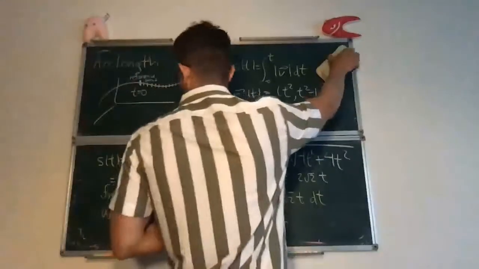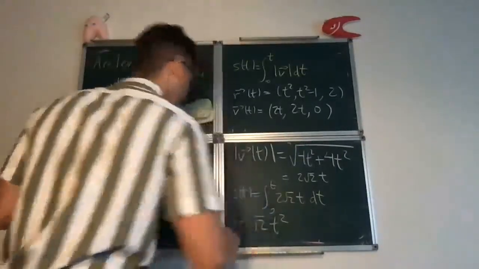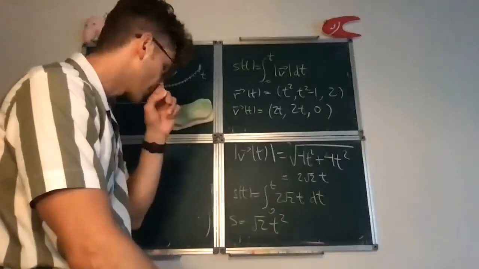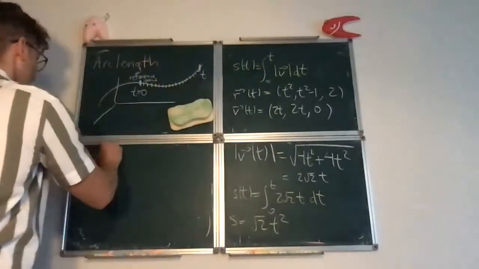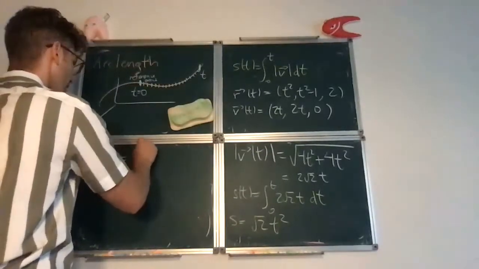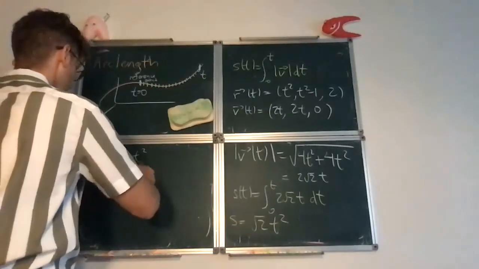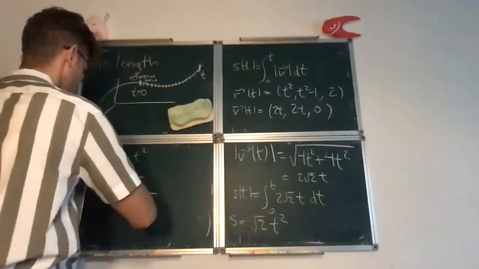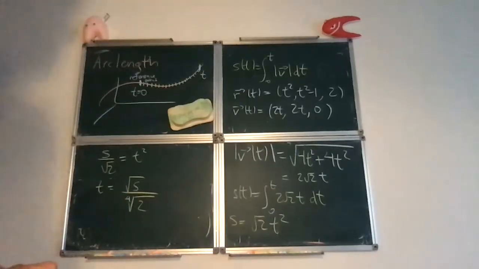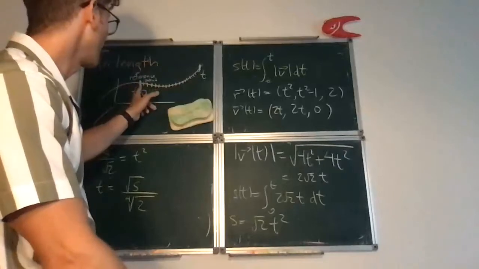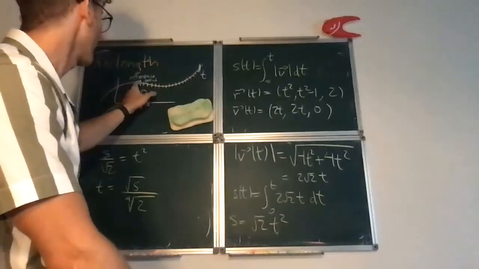And so in practice, one way in which you think about this formula is that it gives you the distance in terms of time, and so you can reverse the roles and use this equation to solve for t. And so you can say that s over root of 2 equals t squared, and so t equals root of s over 4th root of 2. Okay, and so that allows you to write the equation. So instead of specifying a point on the curve by the time, you can specify a point on the curve by the distance traveled from a reference point.